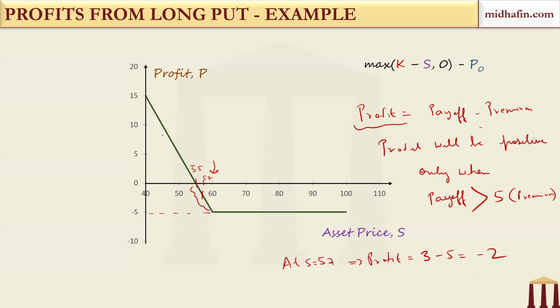But what if the stock price was 45? What will be the payoff in this case? Only payoff, tell me. Strike price is 60, stock price is 45. You are exercising the option.